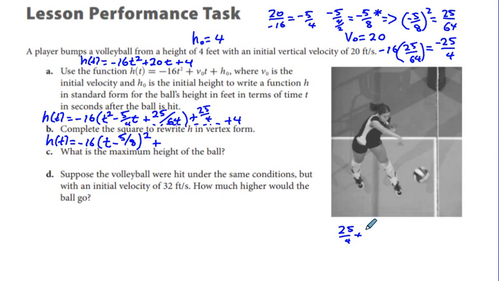And 4 is 16/4, getting our common denominator, which equals 41/4. And 41/4 in decimal form is 10.25, so that's what we put out here: plus 10.25. So what is the maximum height of the ball? It's going to be 10.25 feet.